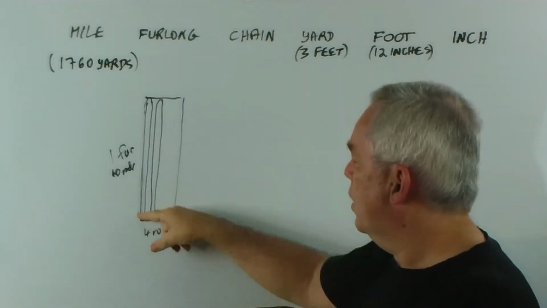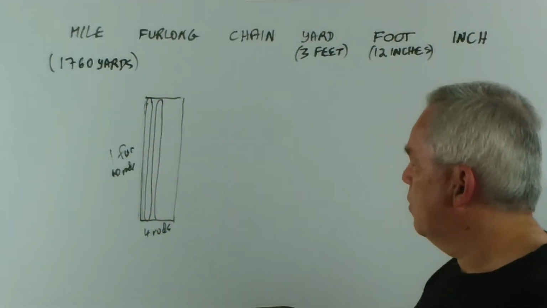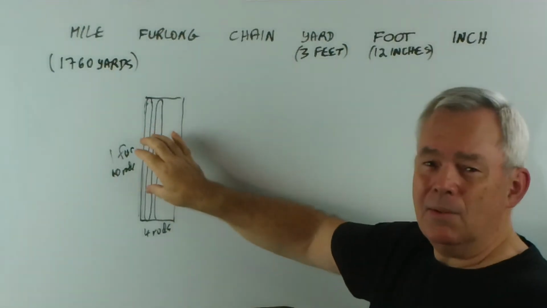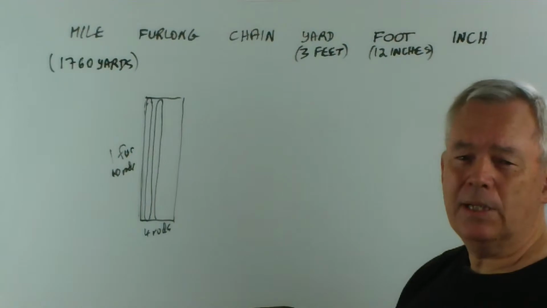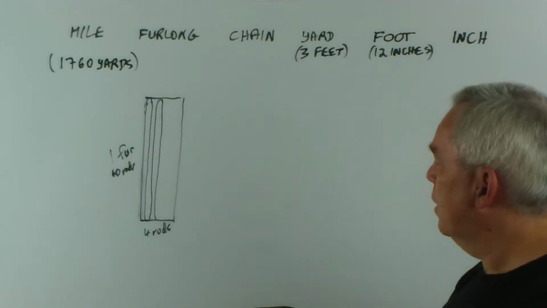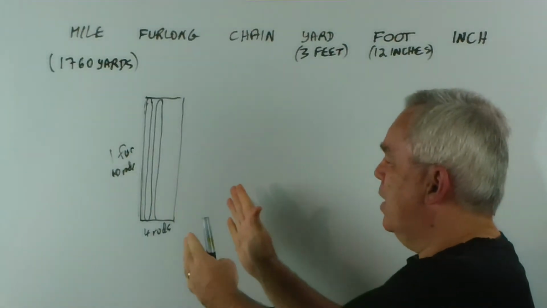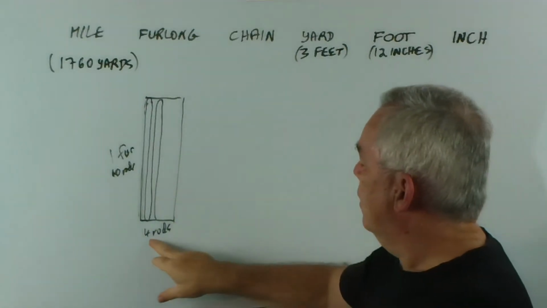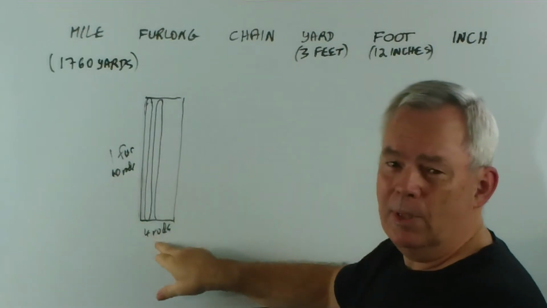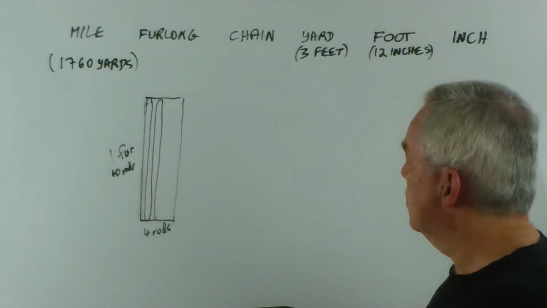And 4 rods wide and 40 rods long was the acre, and that was considered about the area that oxen could plough in a day. Now, you can understand there was a lot of variation with this as well. The base 4, by the way, was very common in Anglo-Saxon measurements.